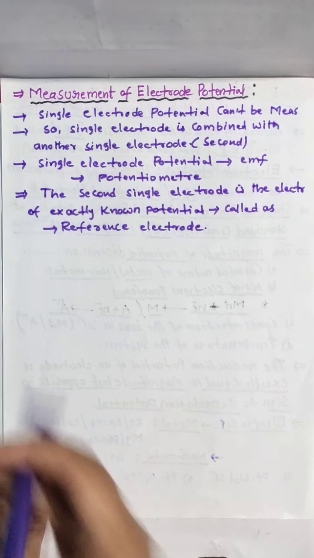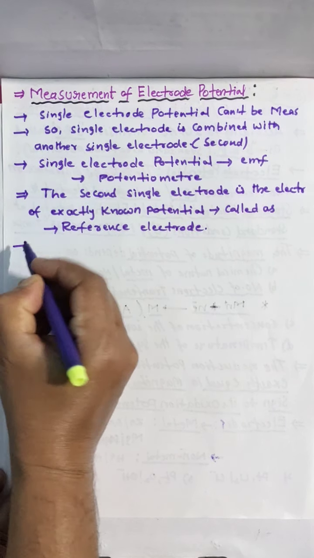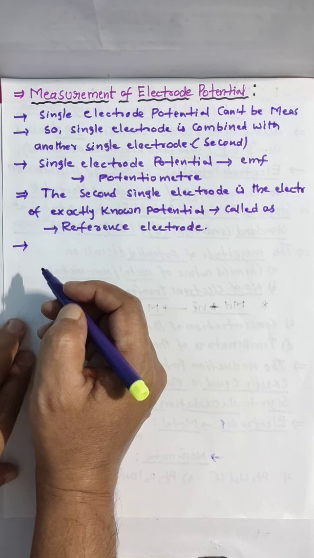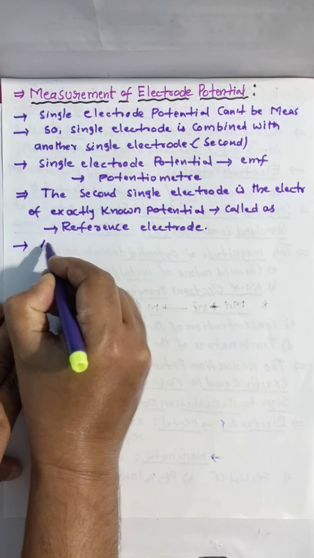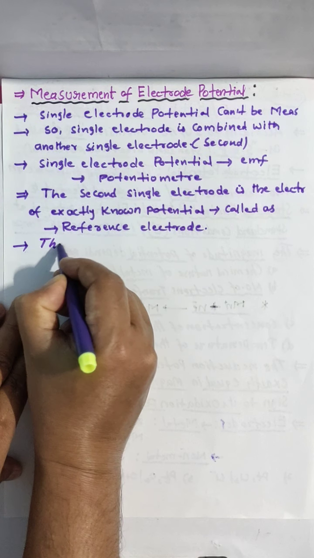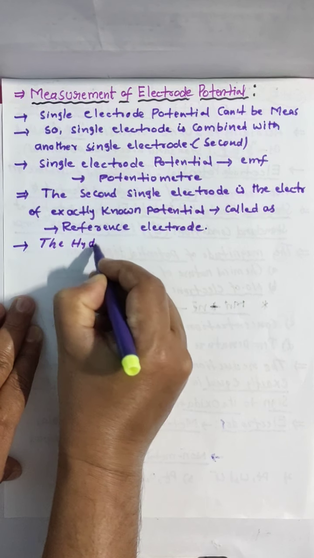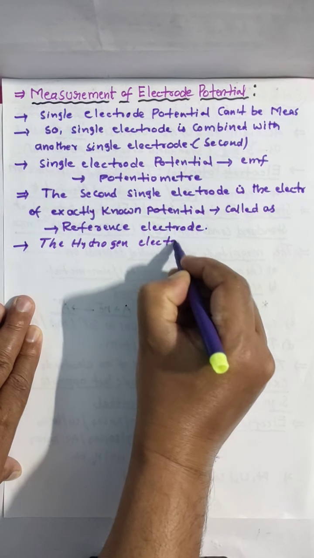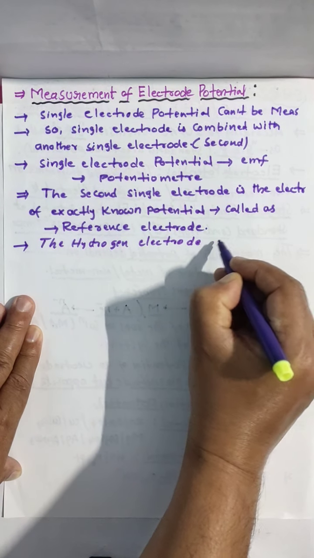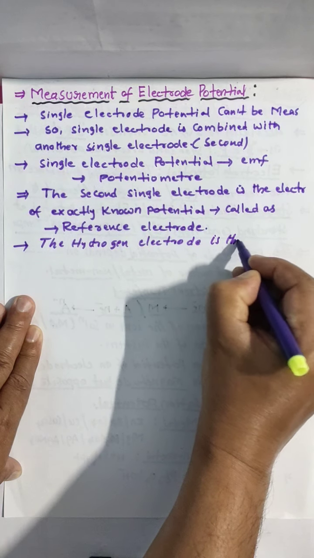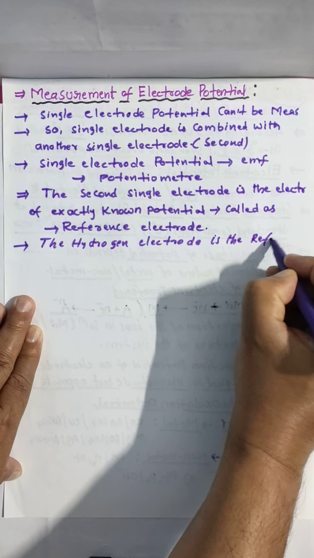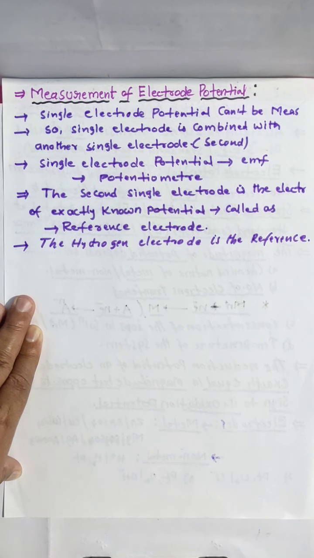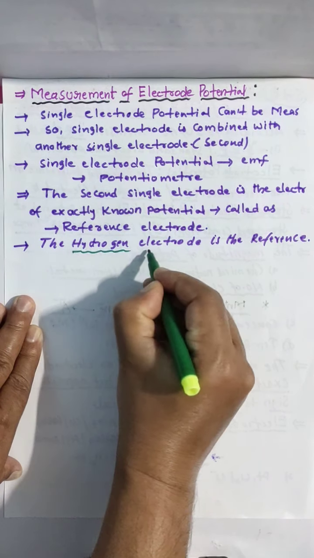Generally, the reference electrode we use in measuring electrode potential is the hydrogen electrode. Remember, the hydrogen electrode is the reference electrode we are using.